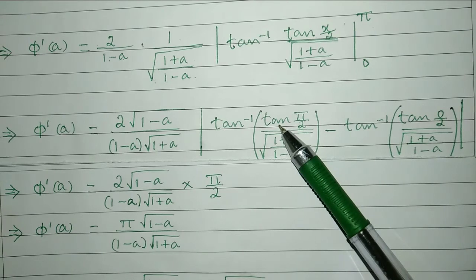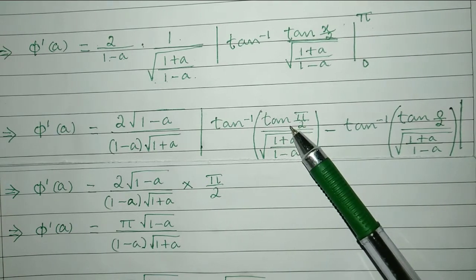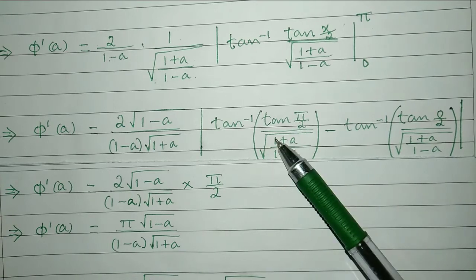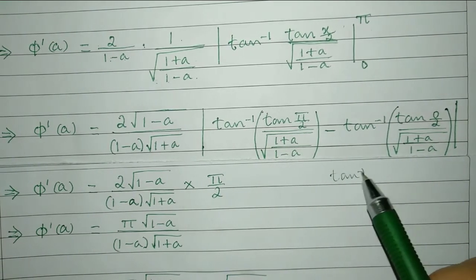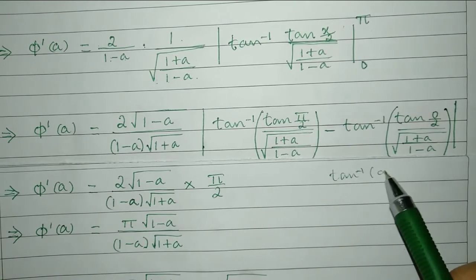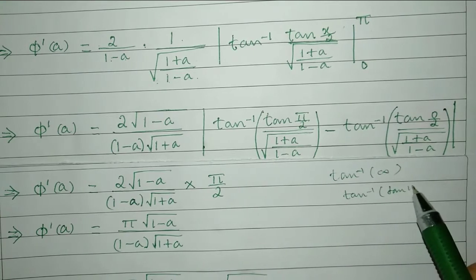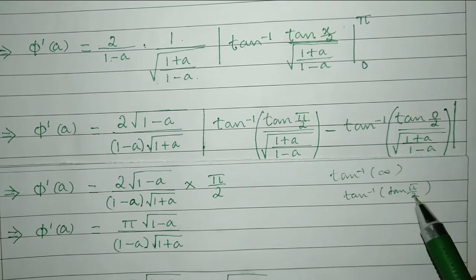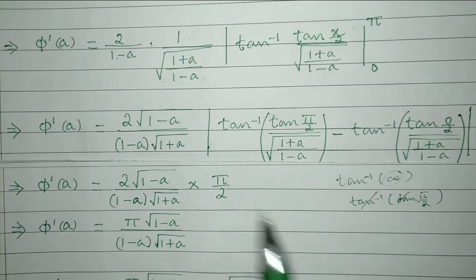What about the first? Tan of pi/2 is infinity, and infinity divided by this is infinity. So tan inverse of what angle gives infinity? Tan inverse of tan of pi/2 gives pi by 2.